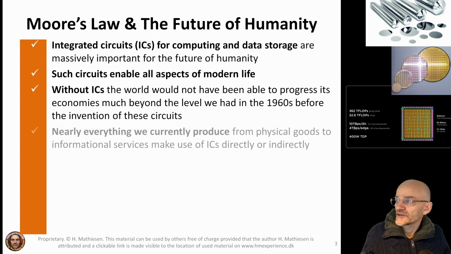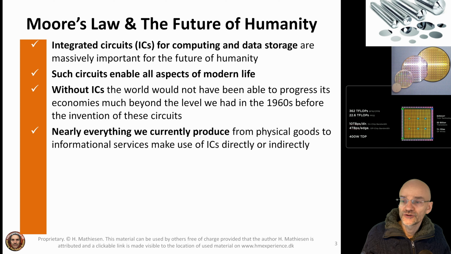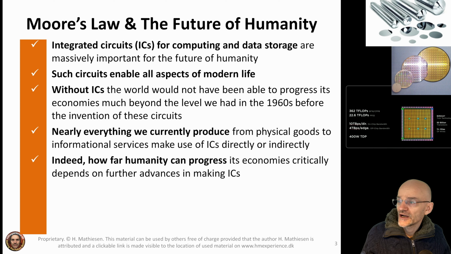Nearly everything we produce, both physical goods and information services, uses these integrated circuits in one way or another. So how far humanity can progress economically and intellectually critically depends on further advances in making integrated circuits.